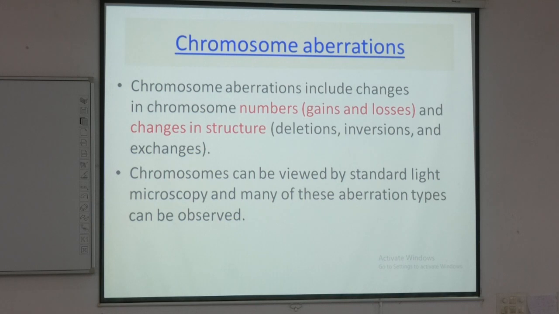Maybe it is reversely joined, which we call inversion. Maybe there is an exchange between chromosome groups, which we call translocation. Maybe it looks different, which we call a ring chromosome. Maybe there is an abnormal separation, which we call isochromosomes. That's what we are going to talk about today. So the first thing we talk about is chromosome aberration.